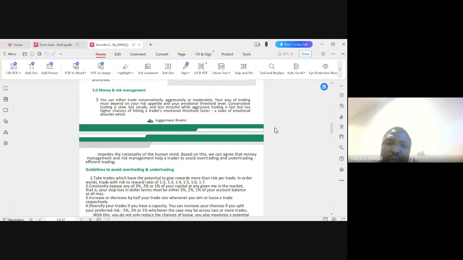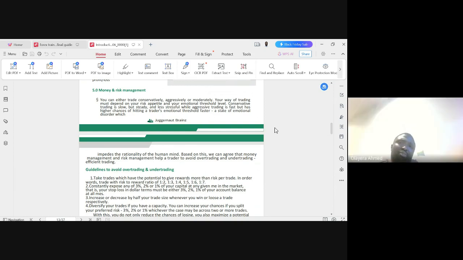They trade with their emotion instead of concentrating on the market. They trade in a way that affects their emotion. You see some people taking too much risk that they cannot afford.